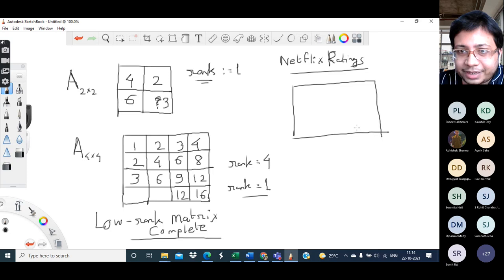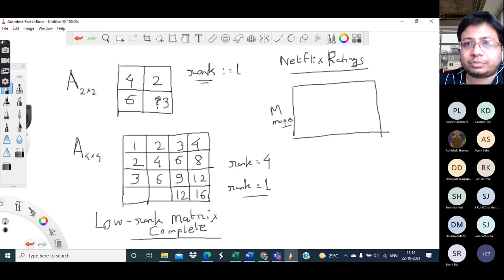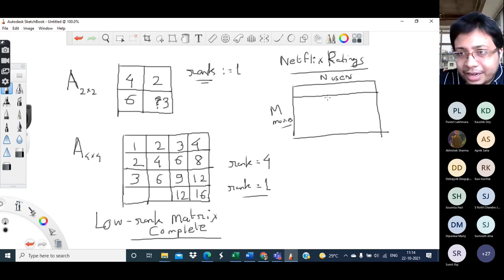Let us say that there are M number of movies where M is some large number, let's say 1000 or something like that, and N is users. That is, there are a very large number of users, maybe 1 million or something like that, and the elements of the matrix are basically the ratings given by the users to the different movies.